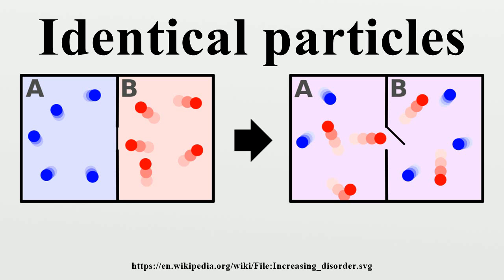There are two main categories of identical particles: bosons, which can share quantum states, and fermions, which do not share quantum states due to the Pauli exclusion principle. Examples of bosons are photons, gluons, phonons, helium-4 nuclei, and all mesons. Examples of fermions are electrons, neutrinos, quarks, protons, neutrons, and helium-3 nuclei.